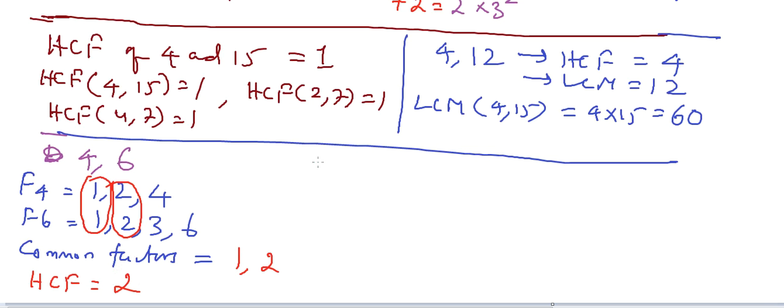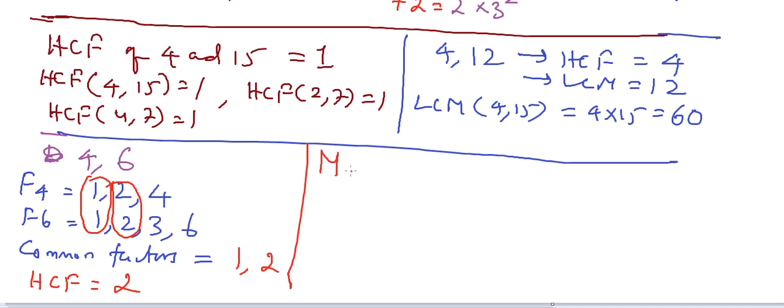Okay. So now LCM. How to find the LCM of this? For LCM you require multiples. What is LCM? LCM means least common multiple or lowest common multiple. So for 4 and 6, we need to find the multiples of 4.